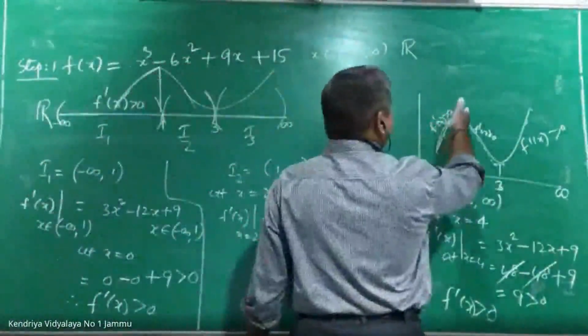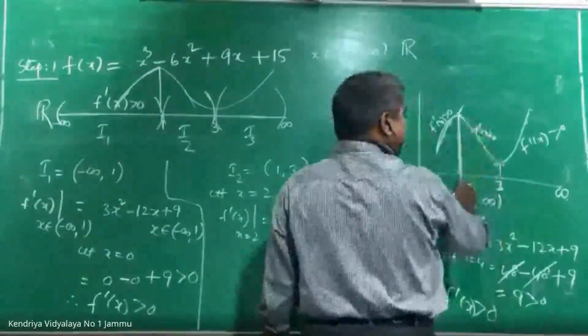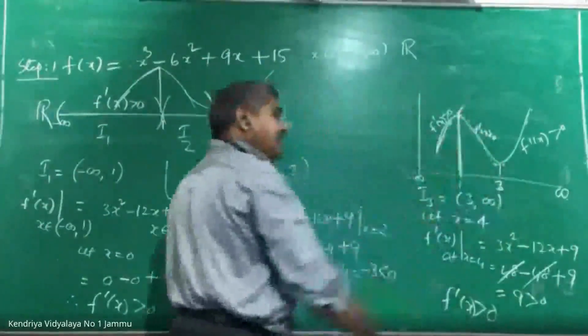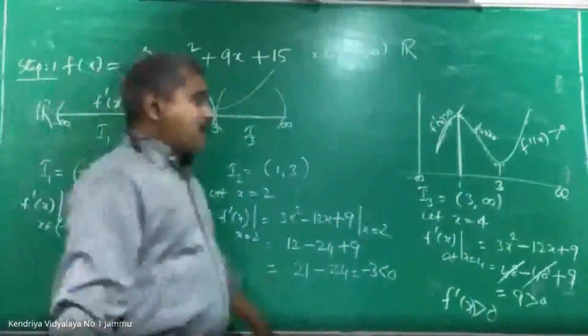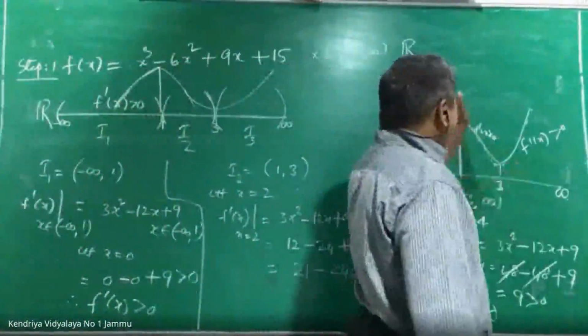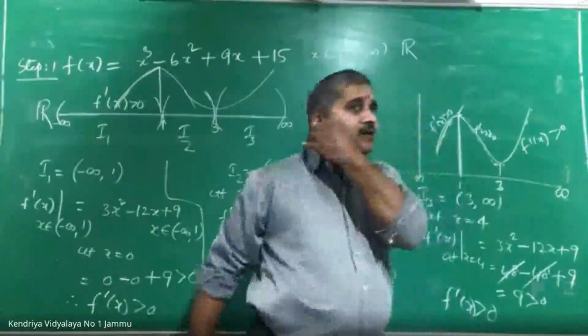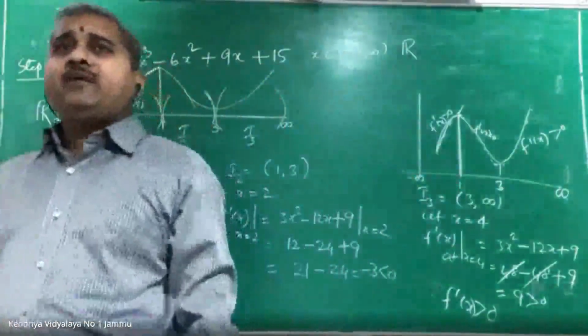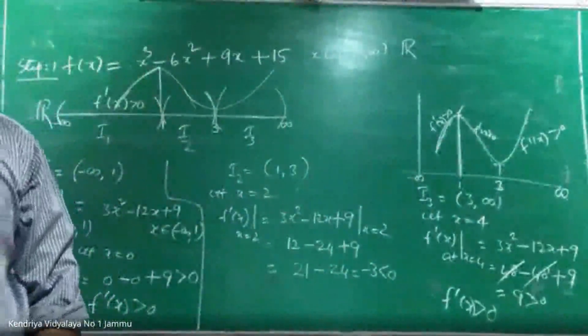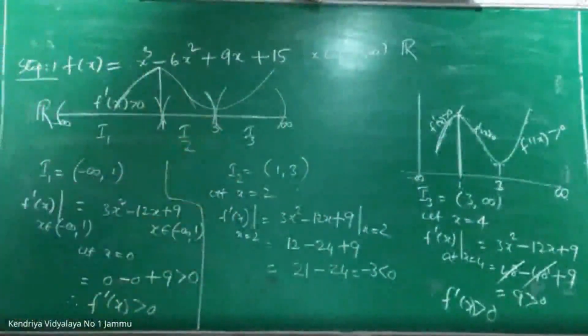Increasing and then decreasing makes critical point 1 a point of maxima. And at 3, it is decreasing and then increasing. Therefore, it is a point of minima. The point of maxima and point of minima, we have got it. Now you make a note of that. I'll find out the values of f of x.